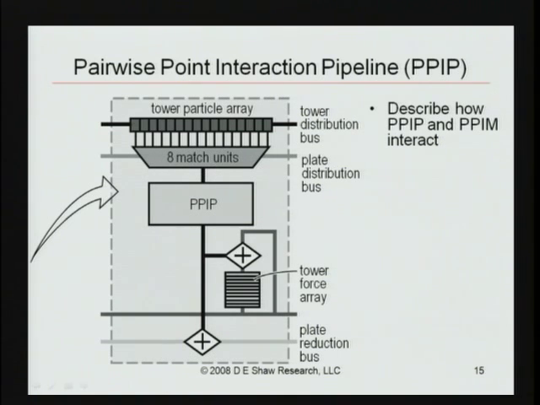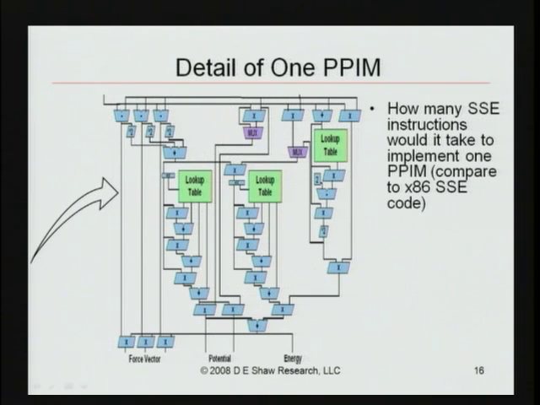And there's 32 structures like this going on in parallel on every clock. Here's detail of one PPIM. And as you can see, there's 32 copies of this, and this is just a lot of math hardware. It implements those equations that I showed you earlier.